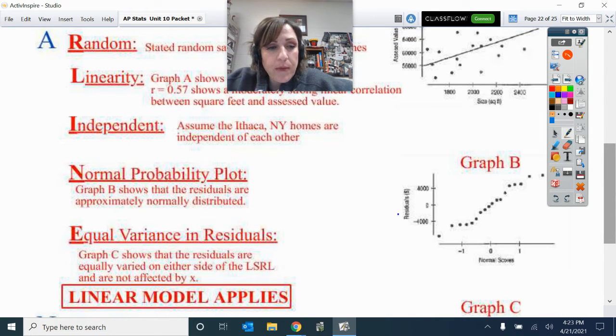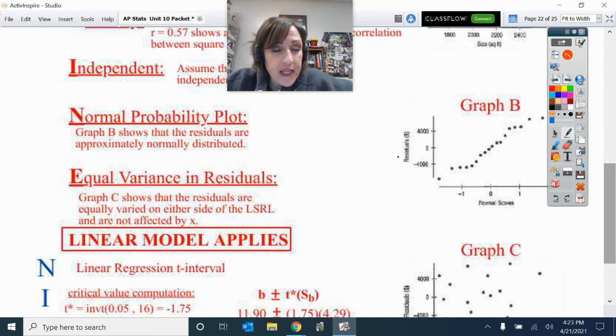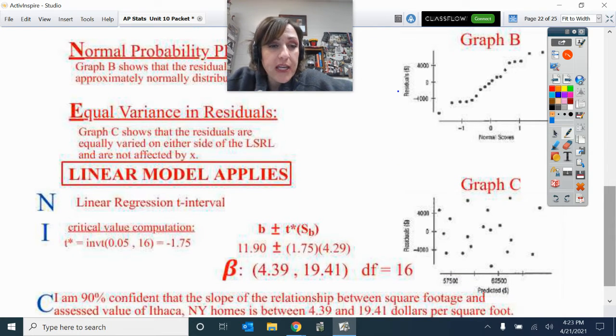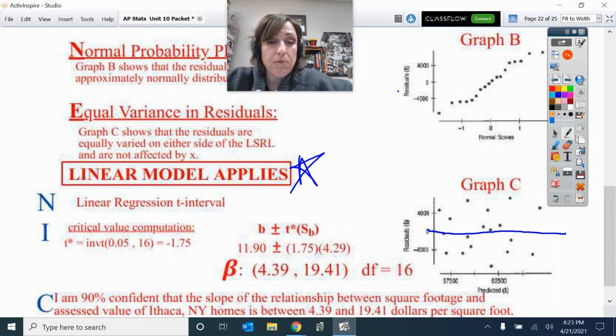Normal: in the normal probability plot, graph B shows that the residuals are approximately normally distributed. And E, equal variance in the residuals. Graph C shows that the residuals are equally varied on either side of this LSRL and are not affected by X, they do not change throughout the domain. So in conclusion, the linear model applies.